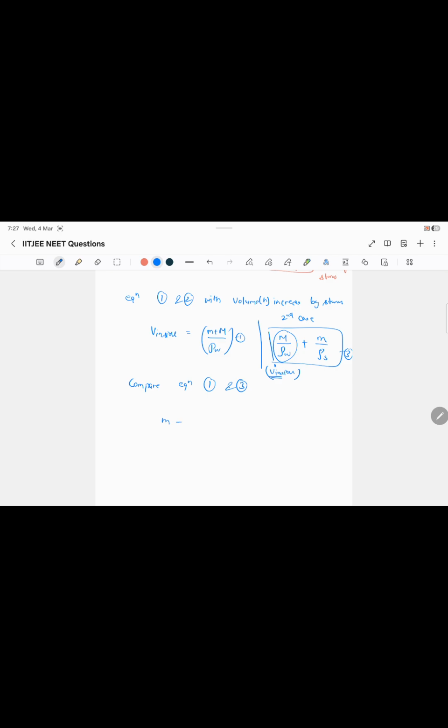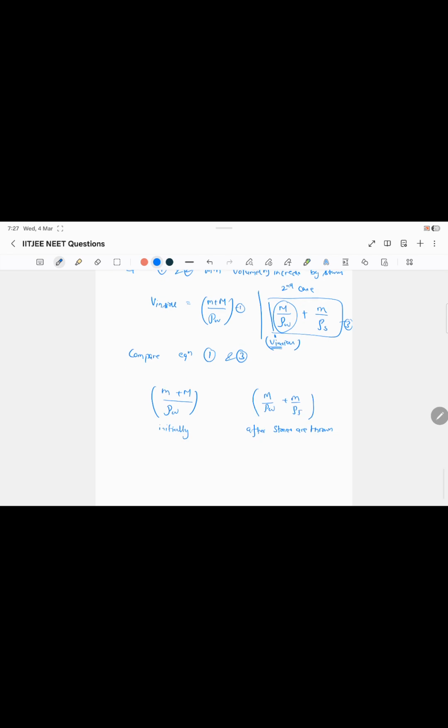So the volume initially was this, and after stones are thrown, the volume will be M by rho w plus small m by rho s. What will be the relation between them? It is easy to find.